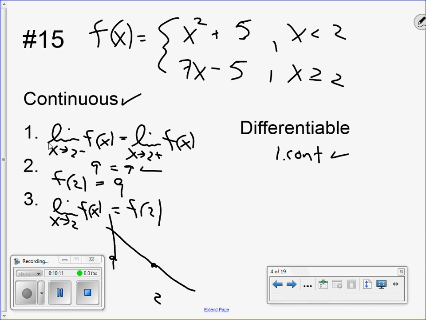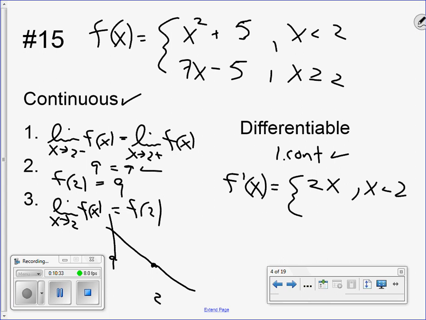Does anyone remember what you do with the piecewise functions? You take the derivative, okay? You take the derivative of each branch, and you're going to do the same thing. Well, what's the derivative of the upper branch? Yeah, so the derivative is 2x when x is less than 2.